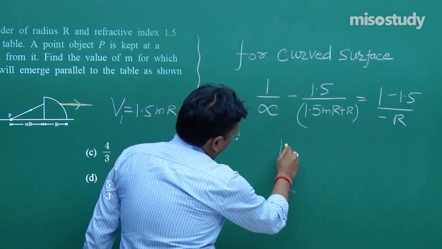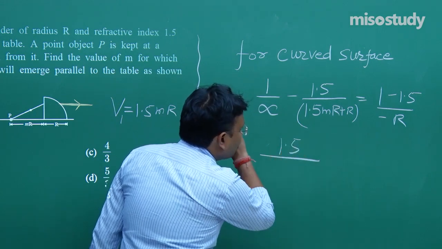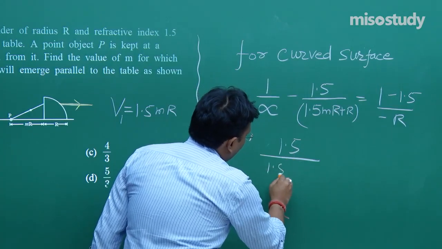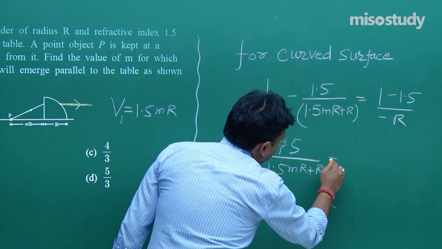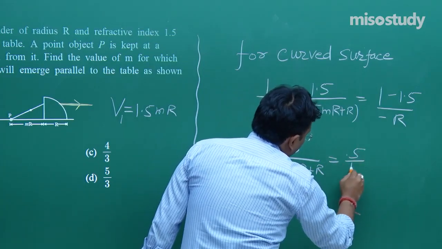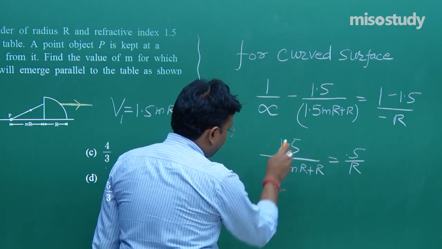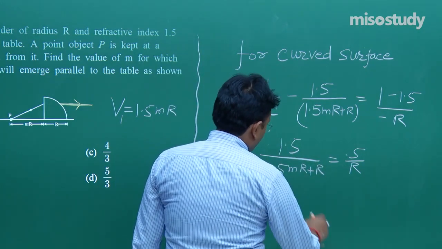You will get 1.5 upon 1.5 mr plus r, r are common. So, let us make it like this, 1.5 mr plus r is equal to 0.5 upon r. Ultimately, if you solve this relation, which is not a difficult one, let's give it a try.